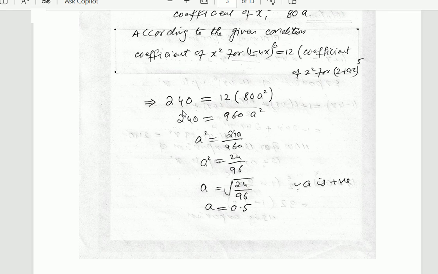After simplification, we get a equal to 0.5. We shall take the positive value only, because according to the requirement of the question, we shall take the positive value of a.